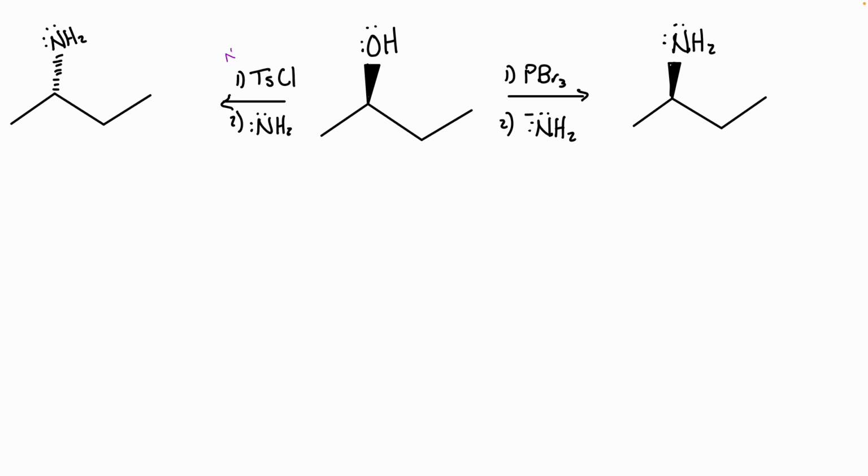All right, so importantly, no inversion in that first step, but we do have an inversion in the second step when we use tosyl chloride. If we use our alkyl halide method, both of these steps will lead to a stereochemical inversion, which is why it flips and then flips right back.